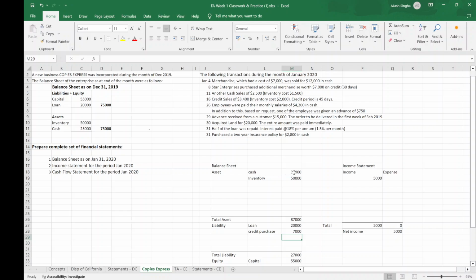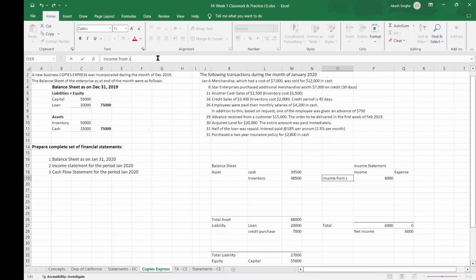So cash sale of 2,500, plus 2,500, and inventory cost was 1,500, and income from this was 1,000.